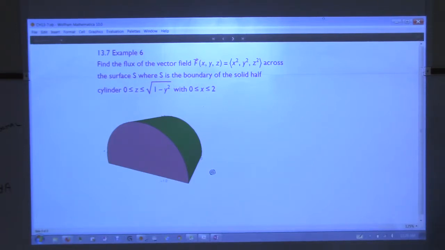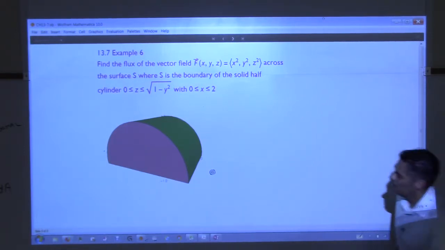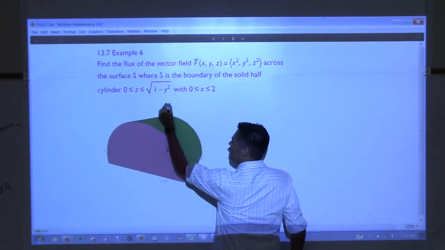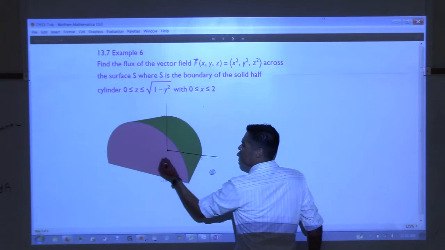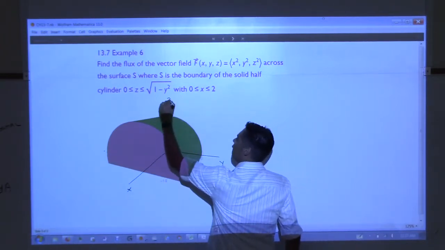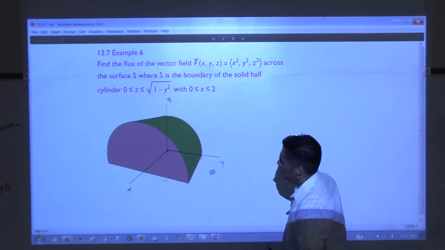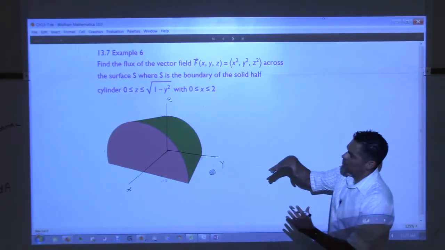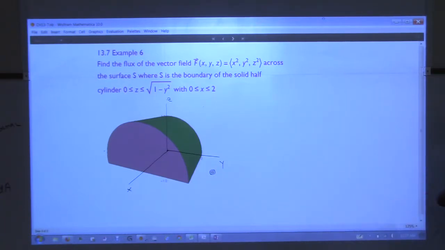So you can kind of see, there's the origin, and then the z-axis comes up, and then you've got your x-axis coming out at you like this. And it's a cylinder, but it's only half of it.